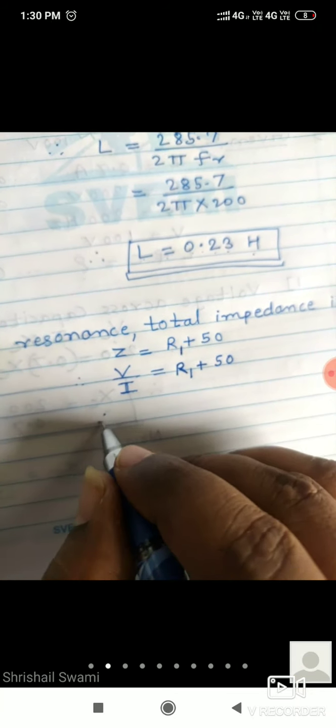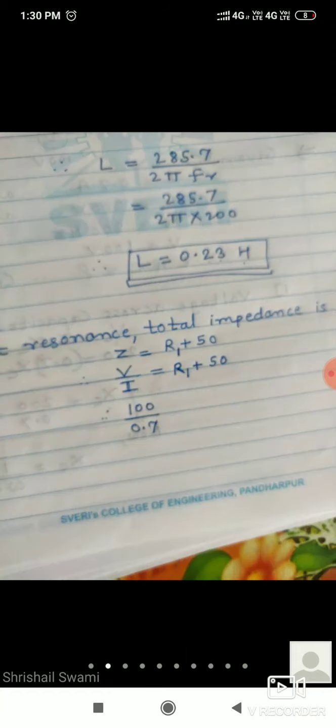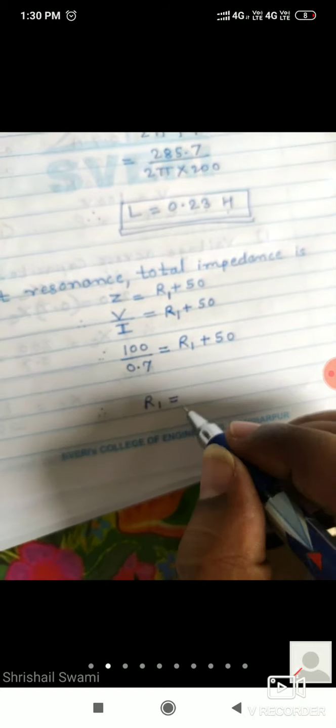Okay, that is 100. I च value दिले 0.7. So can you find now R1 value and tell the R1 value now? 100 divided by 0.7, 92.85. Okay, 92.85 ohm. So this is the answer of R1.